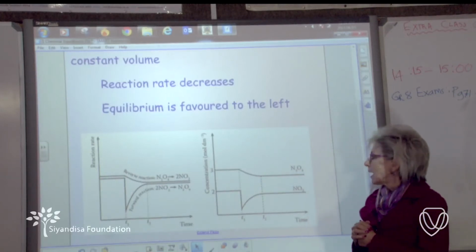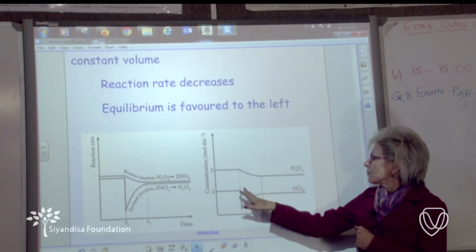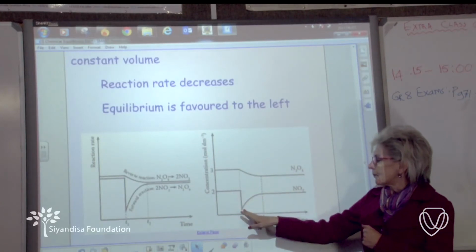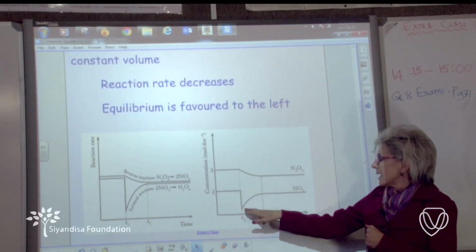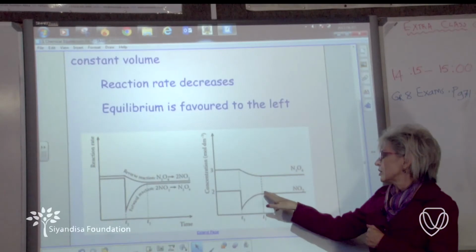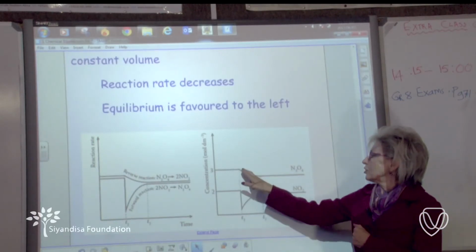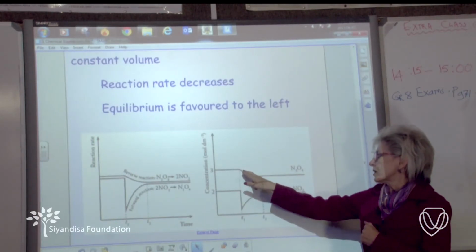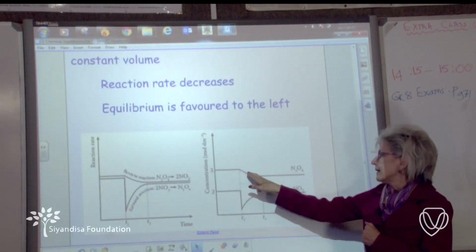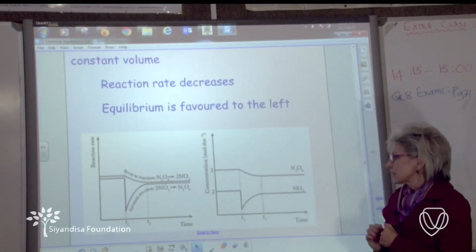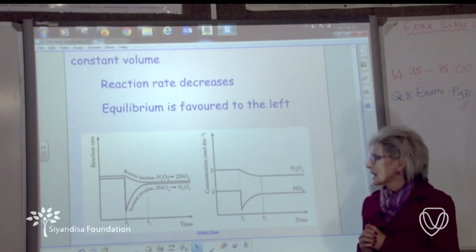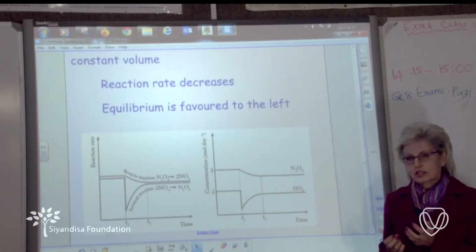If we look at the amounts, NO2 was removed, an immediate drop in the amount of NO2, and then it increases gradually until equilibrium. The N2O4 amount also drops because the forward rate dropped, and then again reaches equilibrium. So that deals with concentration.